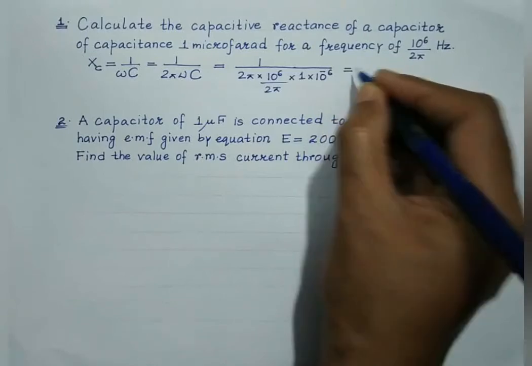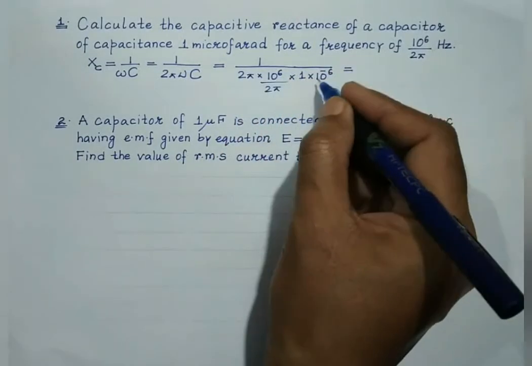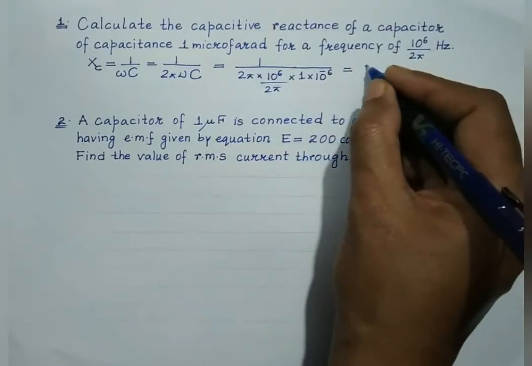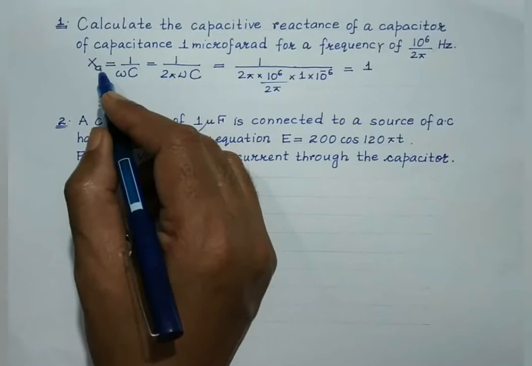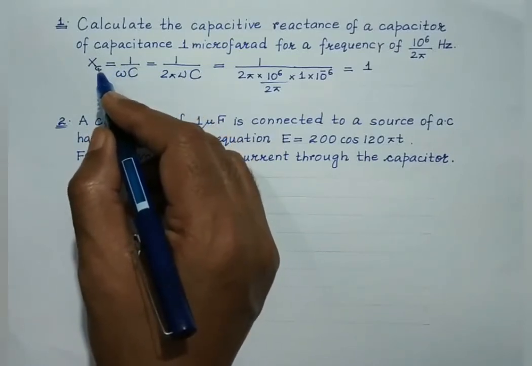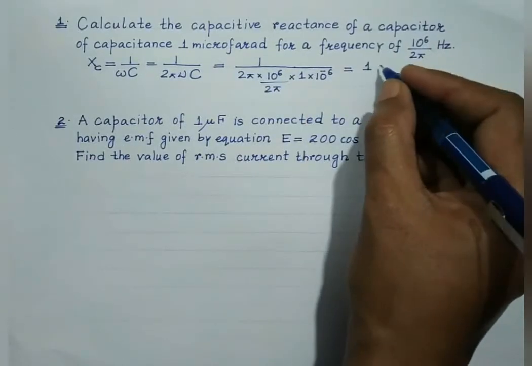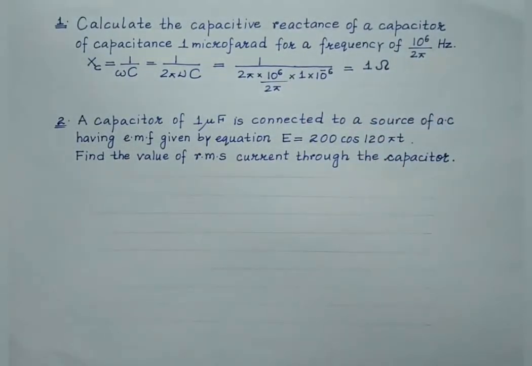So what we get is, 2 pi get cancelled, 10 raised to the 6 and 10 raised to minus 6 get cancelled. So we get 1. And capacitive reactance is the resistance offered by the capacitor to the flow of current. So obviously its SI unit is ohm. So the answer is 1 ohm.